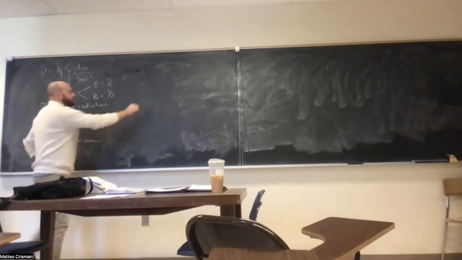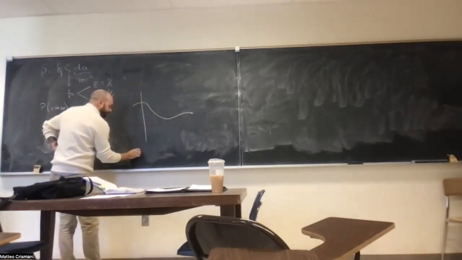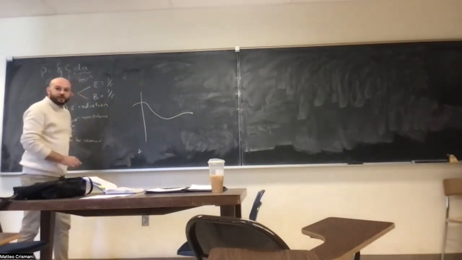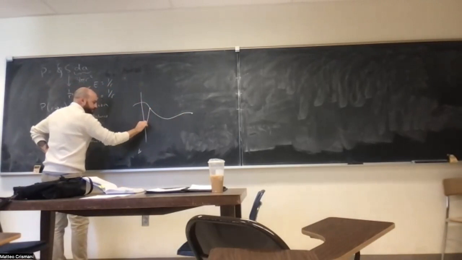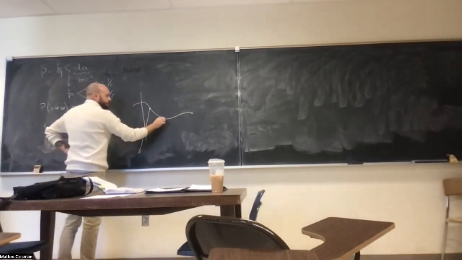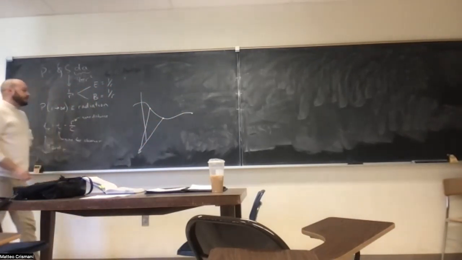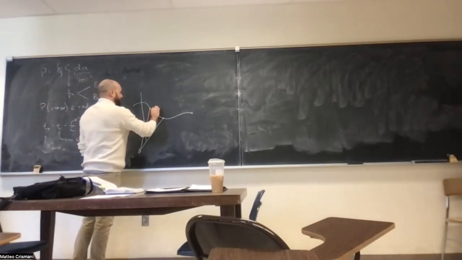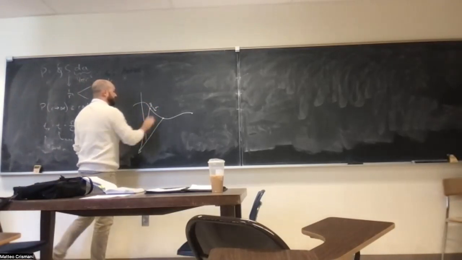So in practice, what does that look like? Here's a charge. Here's you, it's your eyeball. Some charge is moving in this direction. It has some velocity v, some q, whatever.